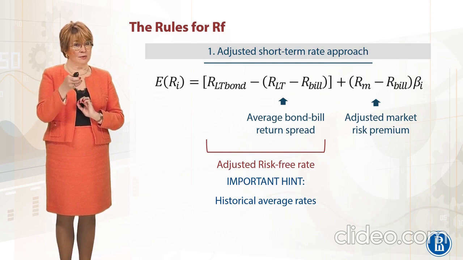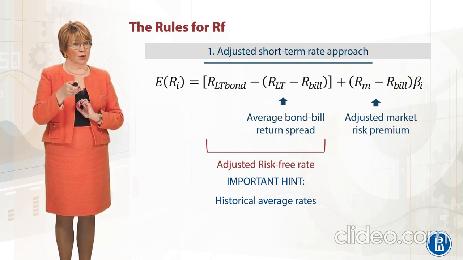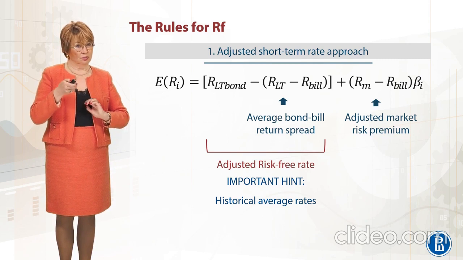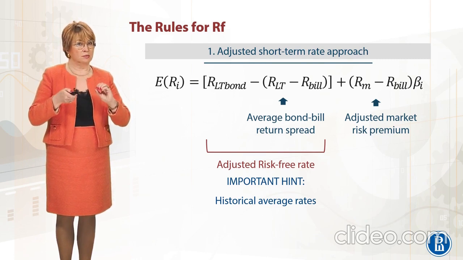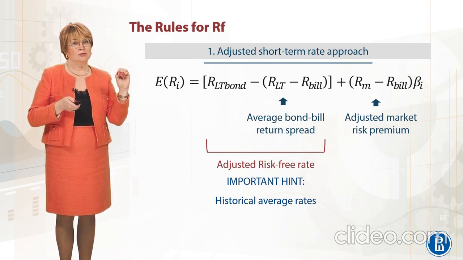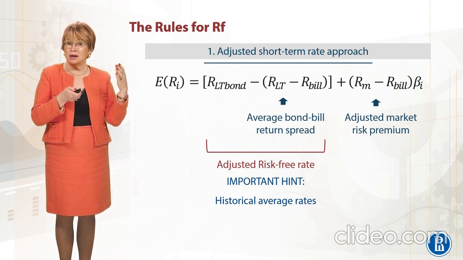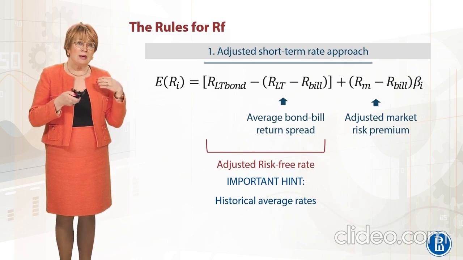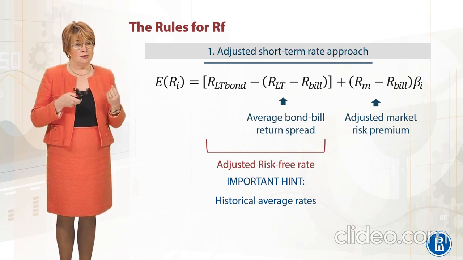We will pick up the return on the risk-free asset represented by treasury bonds, or long-term treasury risk-free asset, which is current, observable now at the point of our valuation analysis.